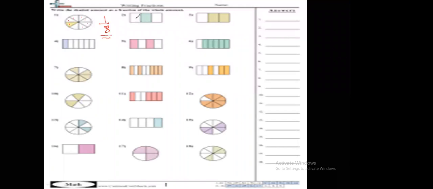Here you can see 1, 2, 3 altogether. One part has shaded. This one, then: 1, 2, 3. Altogether 3 parts are there. From this, 2 parts have shaded, 2 over 3.